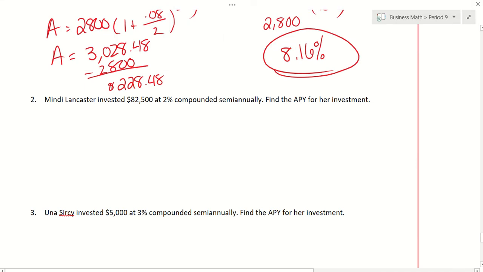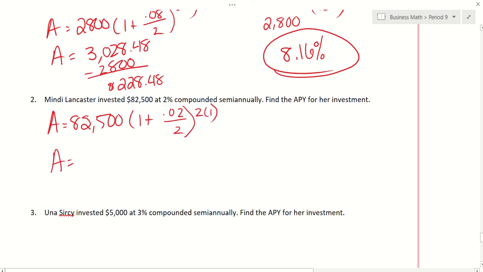Okay, next one. We've got $82,500 times (1 plus 0.02) to the 2 times 1, since semi-annually means 2. Go ahead, type that in your calculator if you haven't already. That gives me $84,158.30. Subtract the original loan.